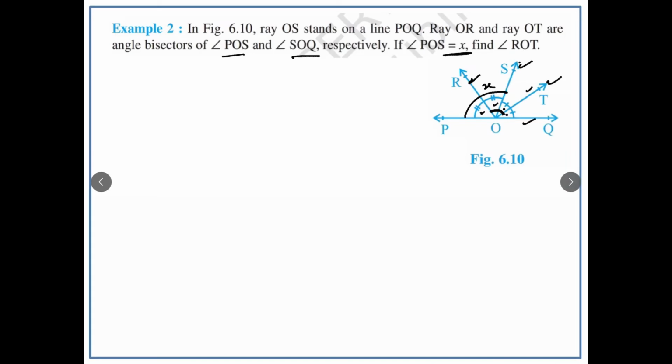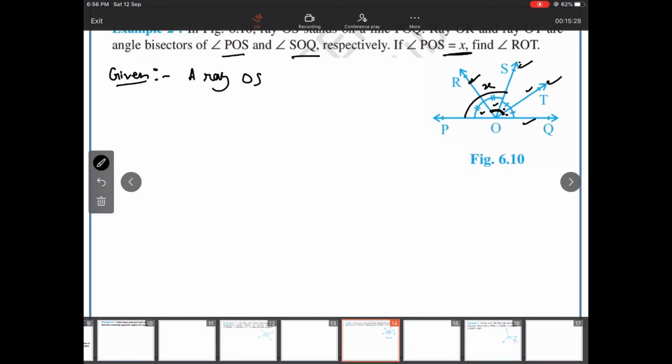Okay, so let's first write the given information. So first write the given: here is that ray OS standing on line POQ.